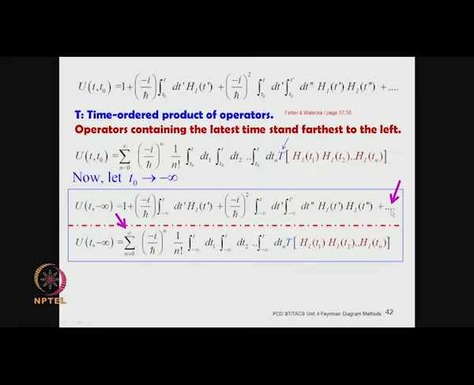Okay. So, these dots are replaced by this upper limit of the summation, which is infinite, and that is the role it has. So, both the expressions are exactly equivalent to each other.